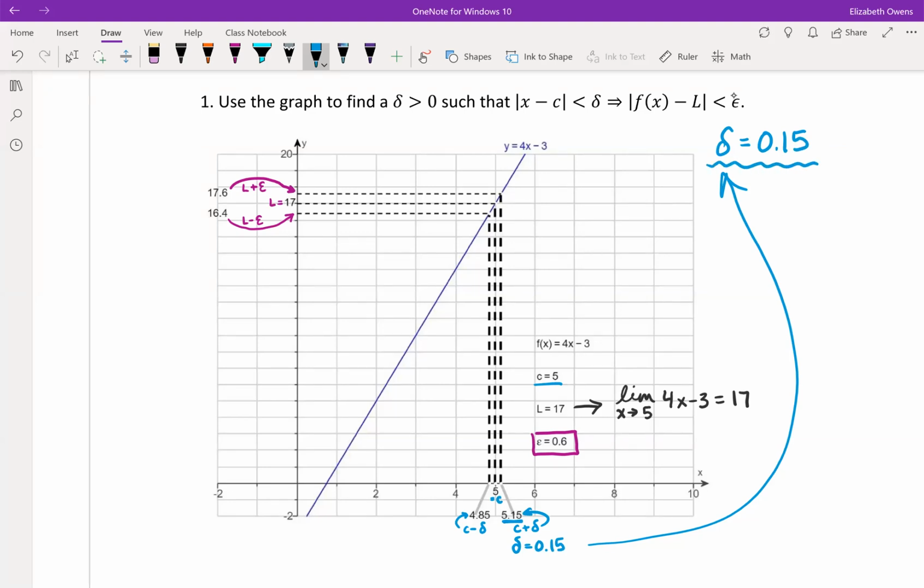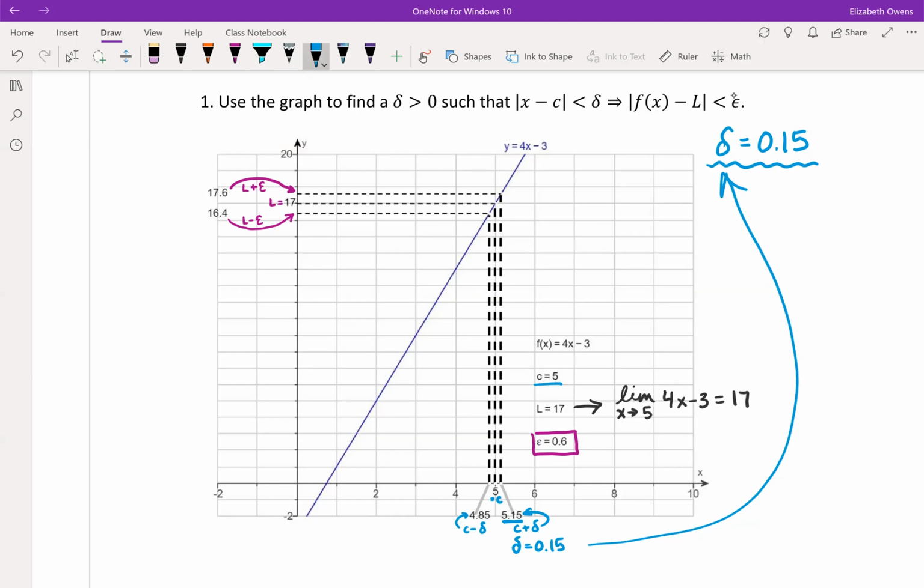Okay, so we've found this delta value. Notice how we did use the positive result for that. We didn't say delta was like negative 0.15. Now, we assume delta and epsilon are positive by default.